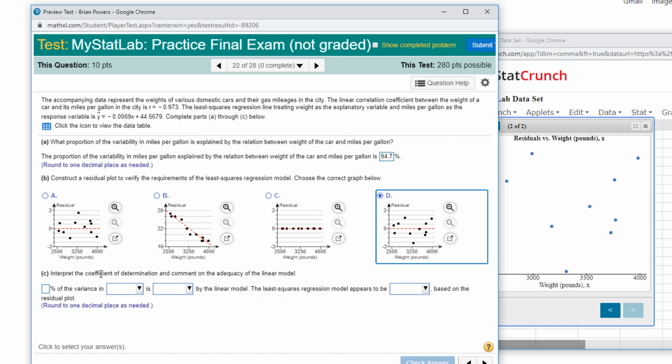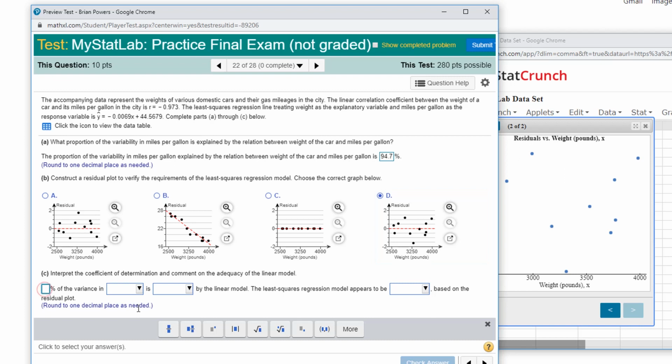Interpret the coefficient of determination. Oh, I called it the coefficient of variation earlier. Sorry. Coefficient of determination, and comment on the adequacy of the linear model. Okay, so this is that 94.7% we mentioned earlier. 94.7% of the variance in my y variable, gas mileage, is explained by the linear model. The least squares regression model appears to be appropriate based on the residual plot. I would say definitely.